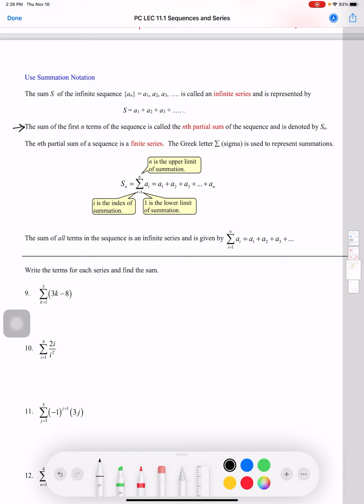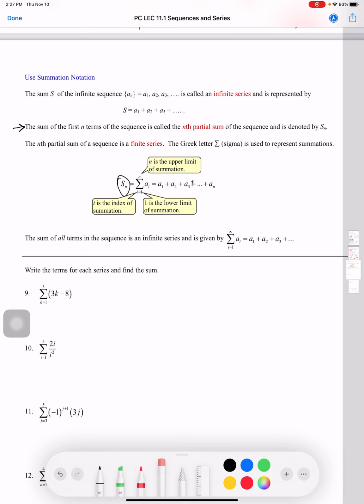So our sequence here, or a piece of our sequence in this case, if we denote this as S sub n, is equal to the summation, right? We have that sigma sign. Sigma lets us know that this is our summation notation, telling us that we are going to add each one of these values together. So we are finding the sum of a sequence here from 1 to some value n.